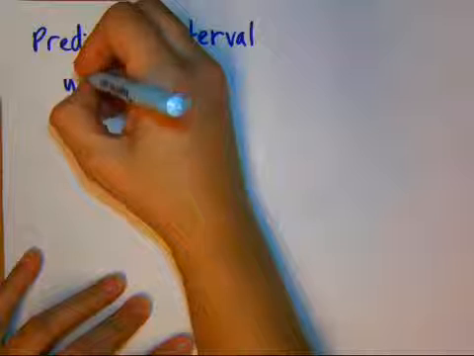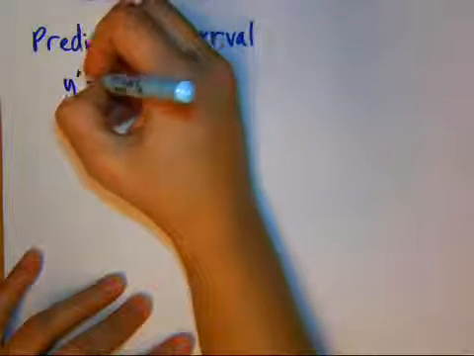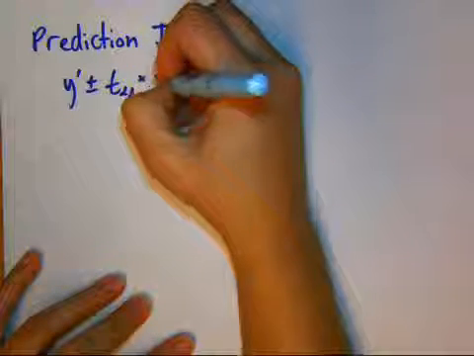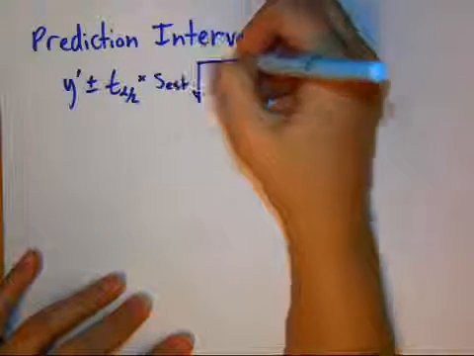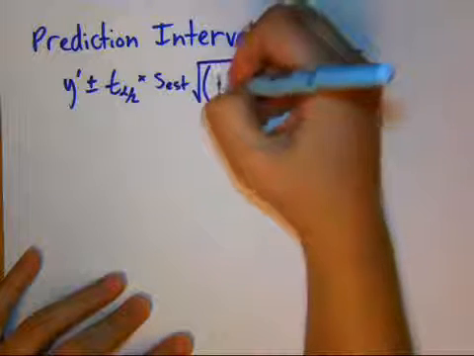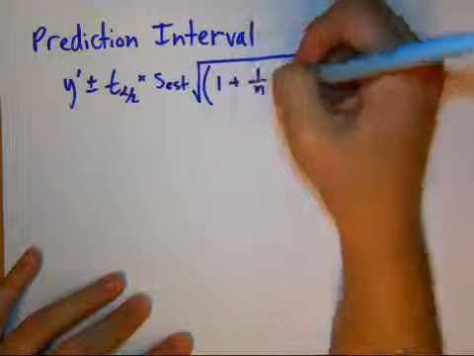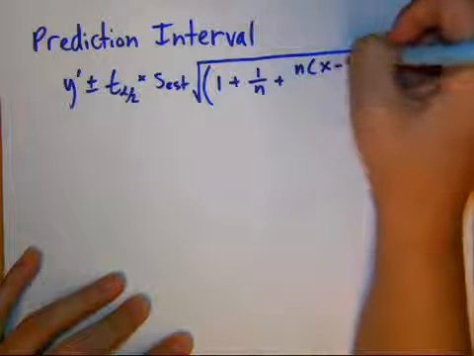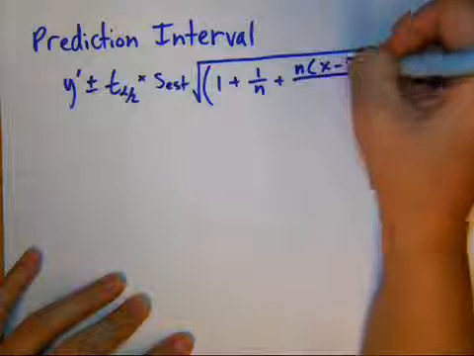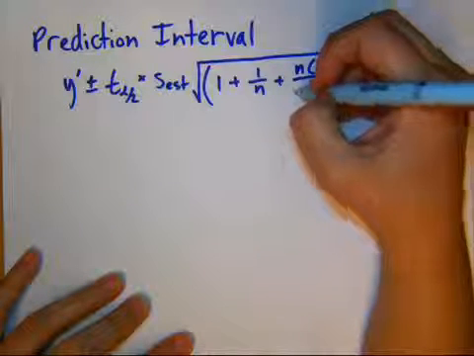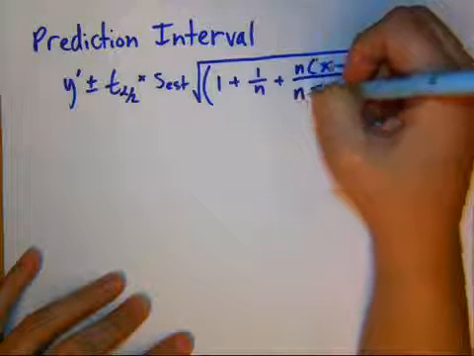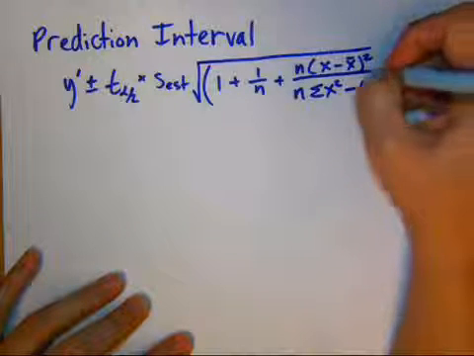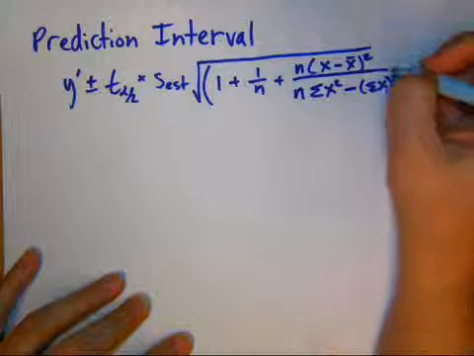It's y prime, that predicted value of y, plus or minus the t value times the standard error estimate times the square root of 1 plus 1 over n plus n times x minus x bar quantity squared divided by n times the sum of x squared minus the sum of the x's, that quantity squared, and those are two different things, so be careful there.